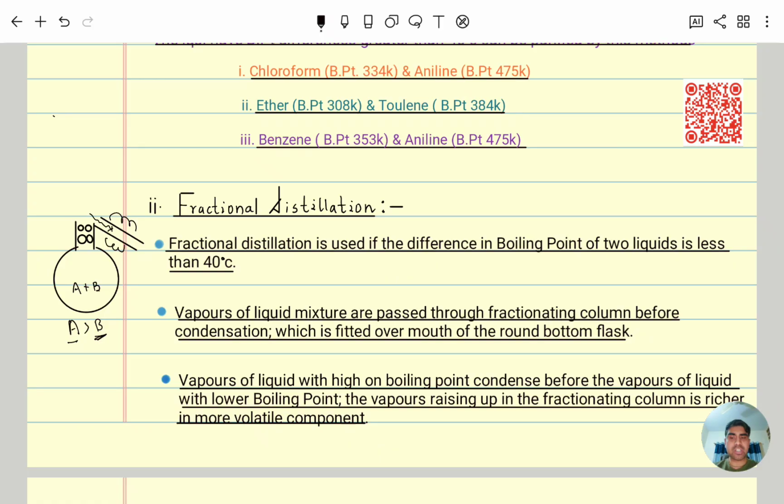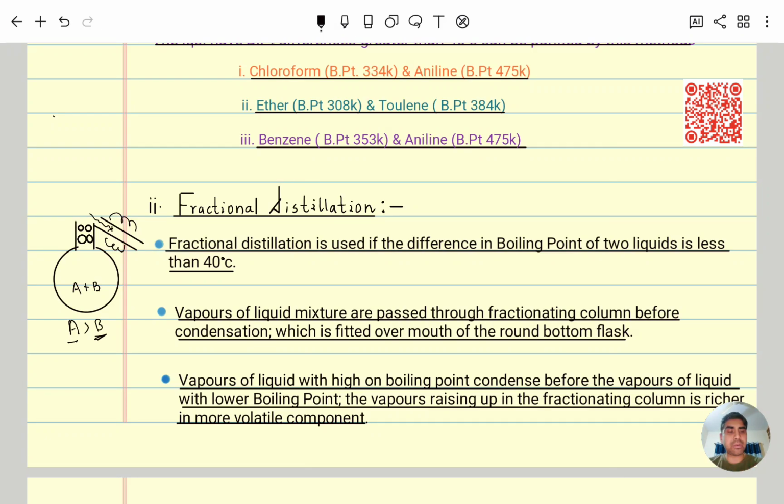So let's suppose A and B are there. A's vapors have sufficient latent heat of vaporization, so they will move in ascending order over each glass plate, and subsequently will pass and be condensed. But B does not have sufficient latent heat of vaporization, so in descending order it will go down in liquid form, due to surface area, as it cools down.